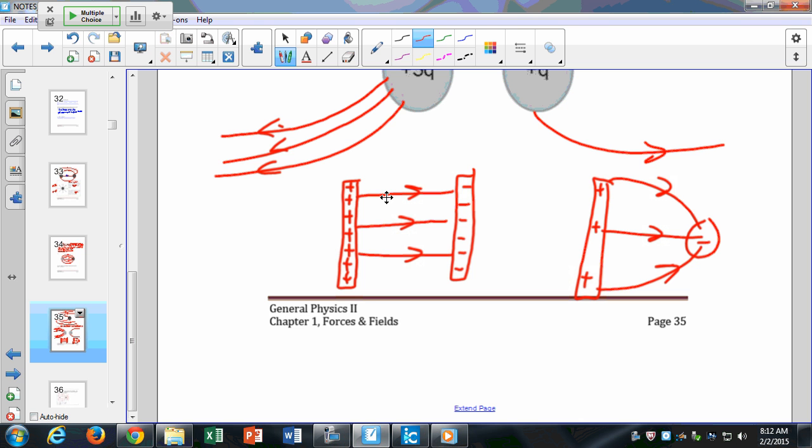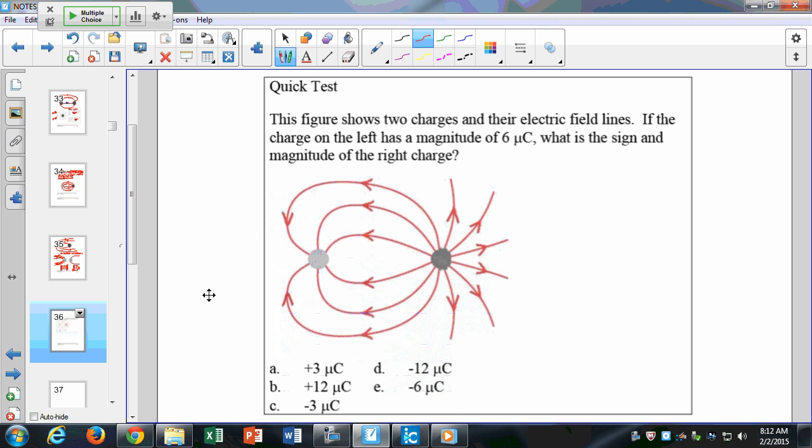All right, let's do this clicker question. We're almost done with this chapter. Figure shows two charges and their electric field lines. The charge on the left has a magnitude of 6 microcoulombs. What is the sign and magnitude of the right charge? And again, on the test, you might have a question, it won't be worth but a few points, to just draw the field lines for a configuration of charges, just like the one we've been doing. Nothing terribly complicated, just one charge here and one charge here.